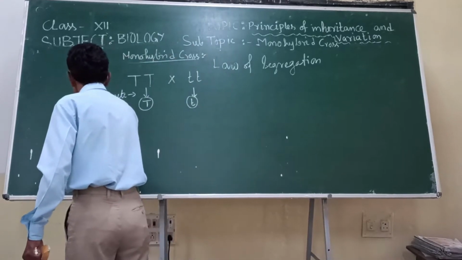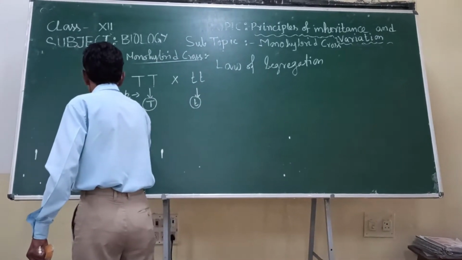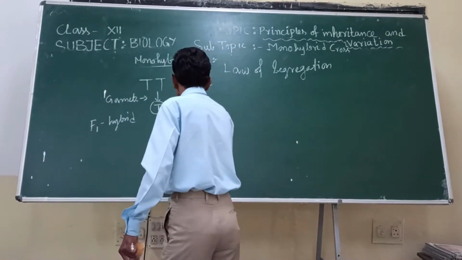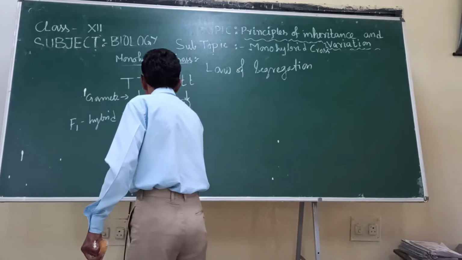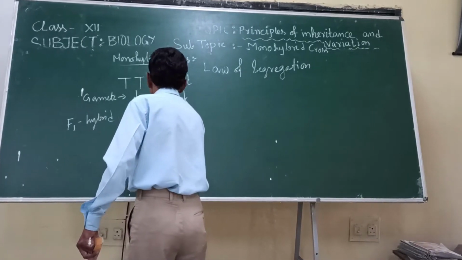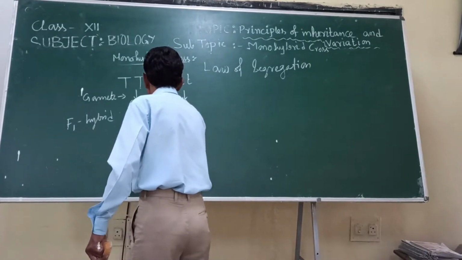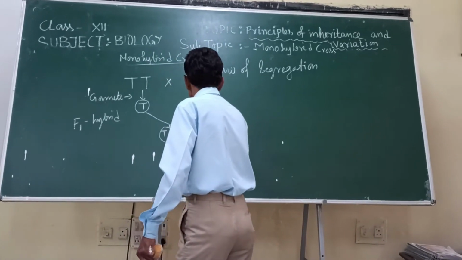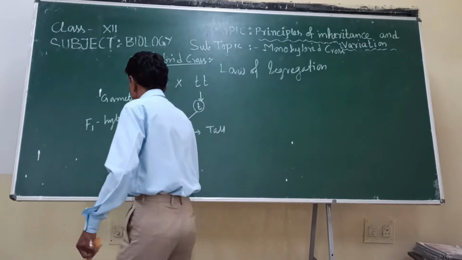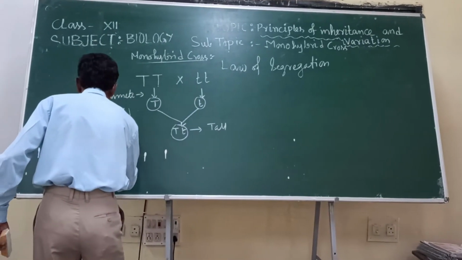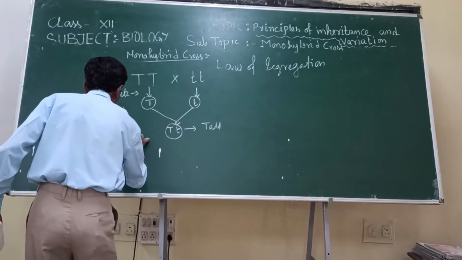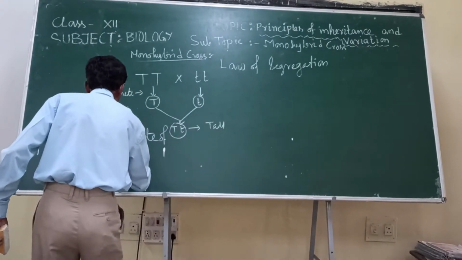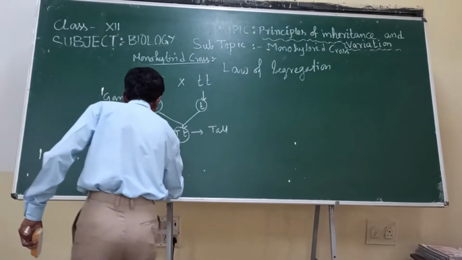F1 hybrid, crossbreeding, capital T, small t, tall. Gamete of F1 hybrid, F1 progeny.